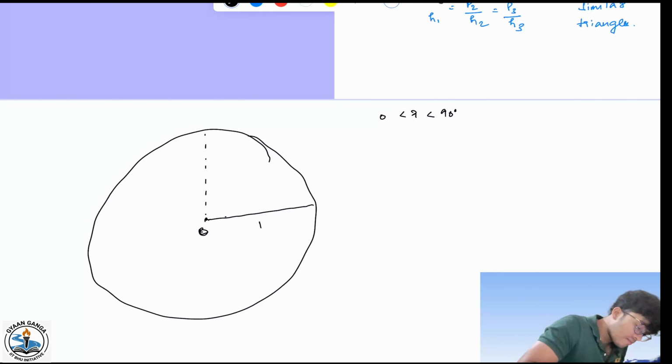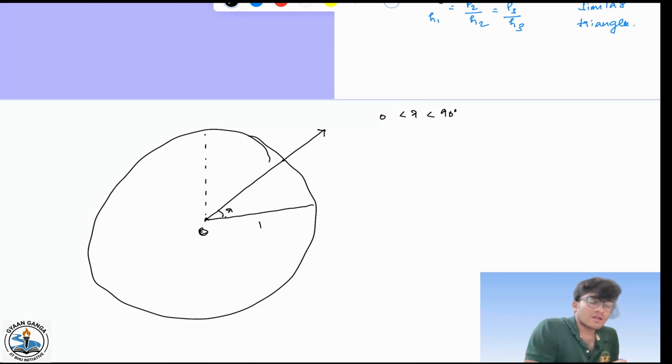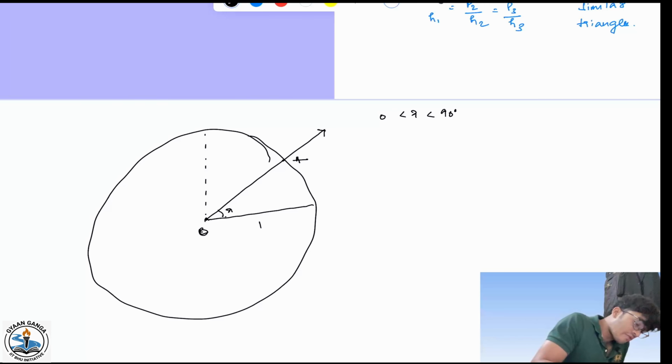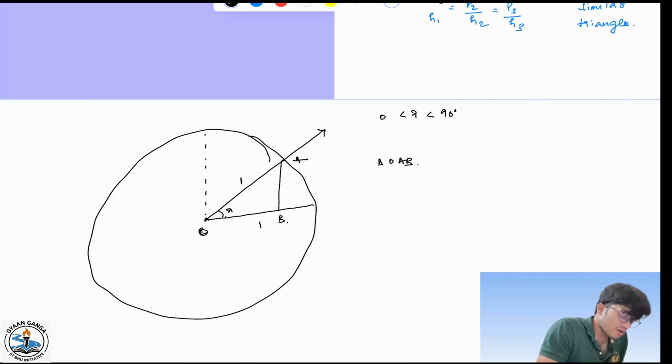Let's say for some value, this is the x, right? This is the ray. Now this is the point where the ray intersects the circle. Let this be A. You drop a perpendicular from A onto the base, the horizontal, let this be B. So you now have a triangle OAB which has a unit radius, right?